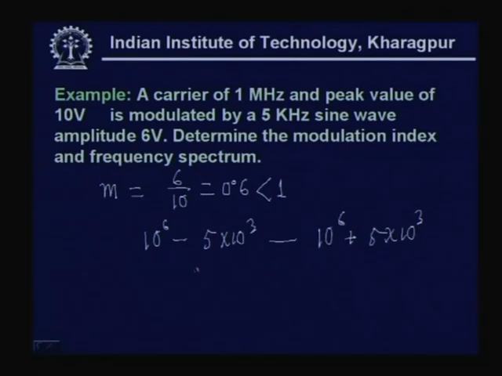So, we see this will be the range of frequencies, and bandwidth is the difference of the two, that means 10 into 10 to the power 3 hertz, or the bandwidth is 10 kilohertz. So, we see that bandwidth is not very high, twice that of the modulating signal.